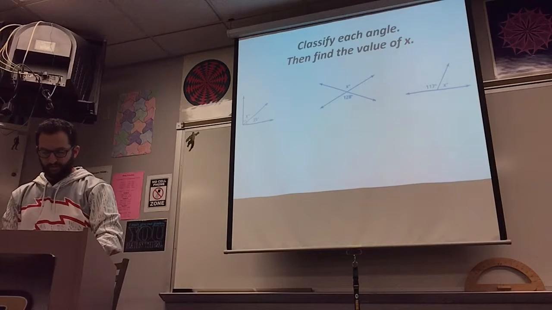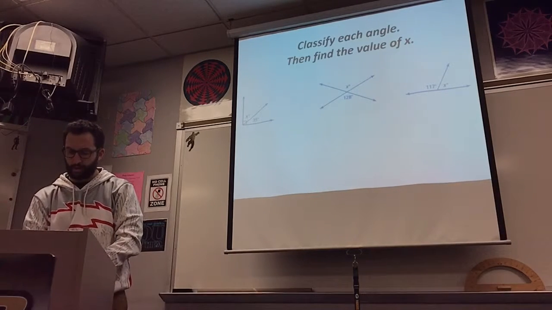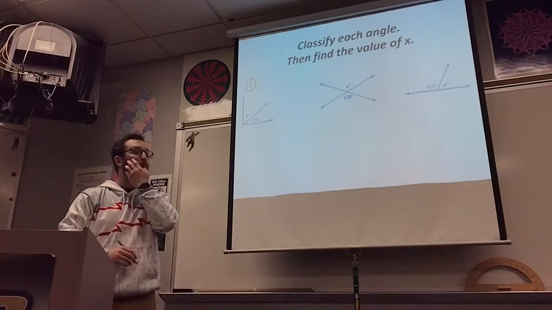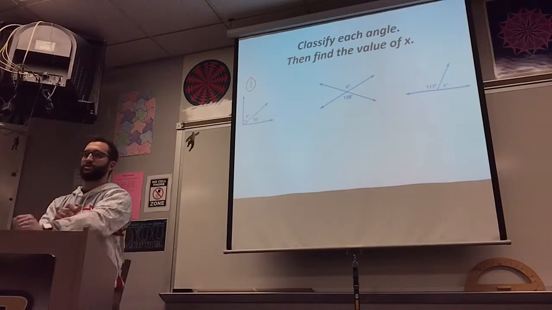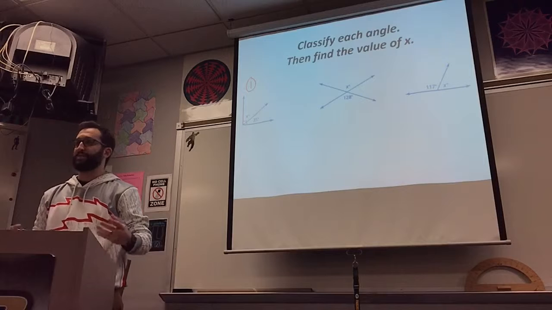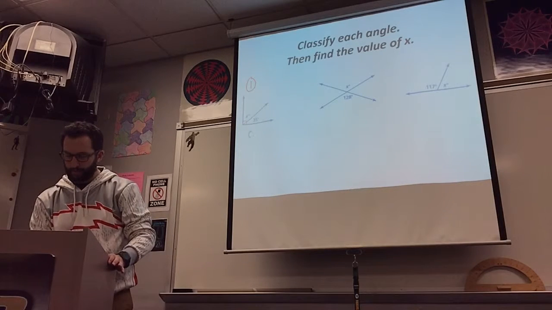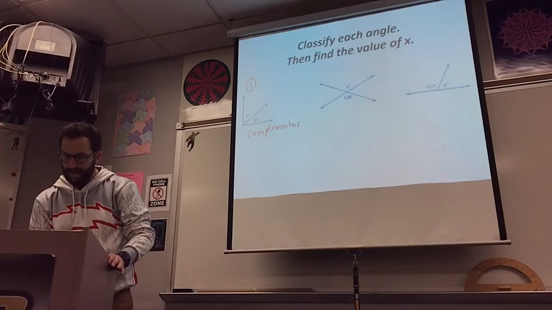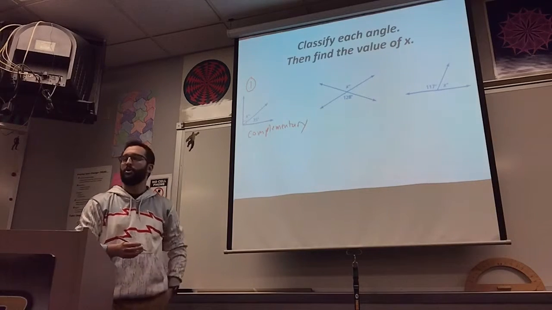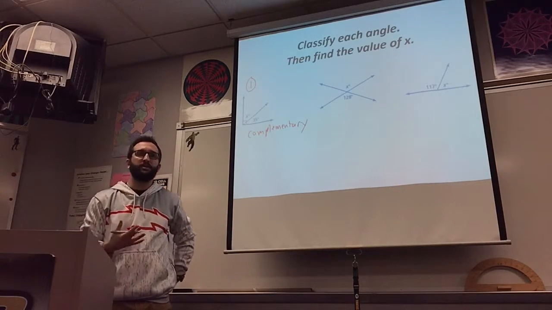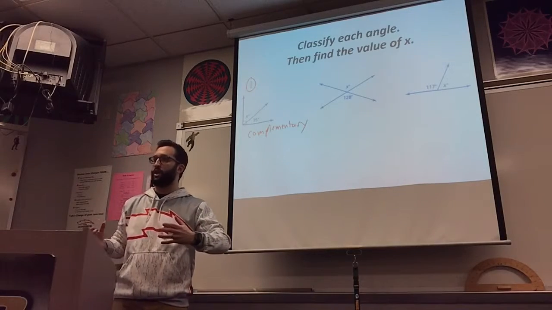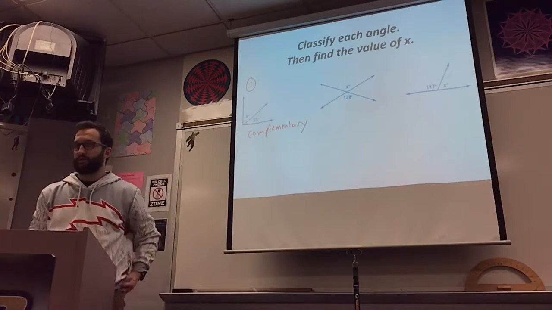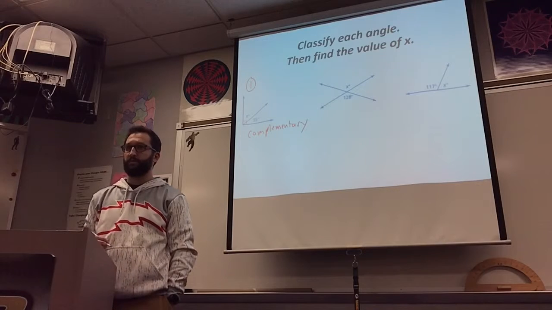So, the very first one, let's number it number 1. Number 1, what kind of angles are those? Everybody said together? Complementary. So write it down. Now how can we find the value of x here? What do we know from the instruction or from the definition? It forms a right angle, so it's 90 degrees.